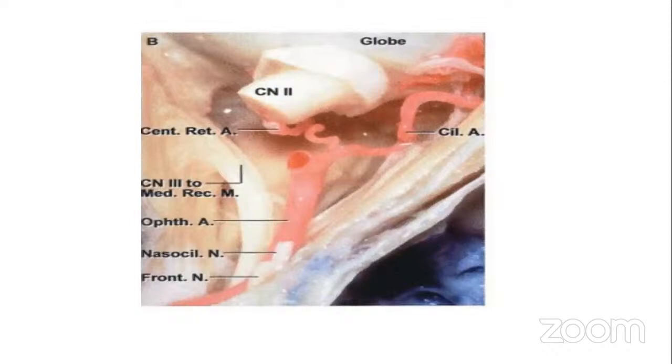Here a segment of the ophthalmic artery is removed, showing the central retinal vein, which is underneath cranial nerve 2, the optic nerve, and here is the ciliary nerve. Here's the ophthalmic artery, whose segment is removed.